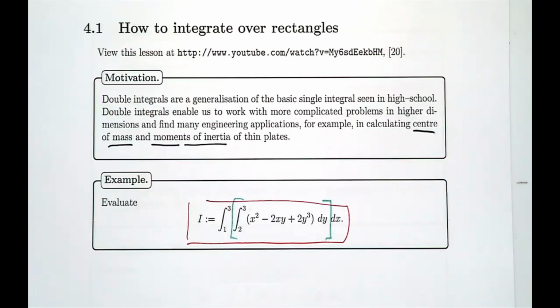And then once I get an answer in the inside integral, it'll be a function of x. Then I move to the outside integral and I integrate from x equals 1 to x equals 3. My answer will be a number. Okay? So let me show you how we actually evaluate something like this.